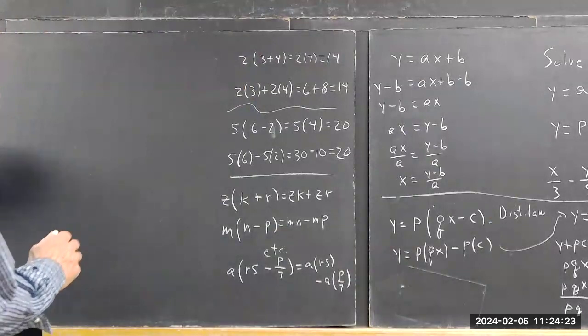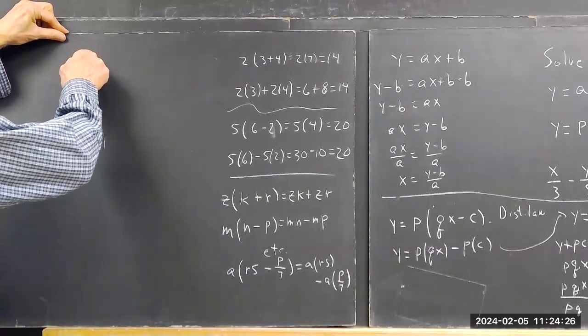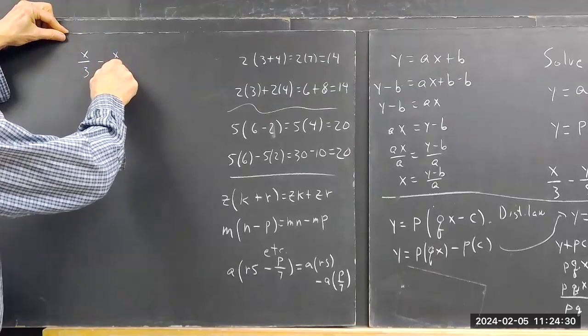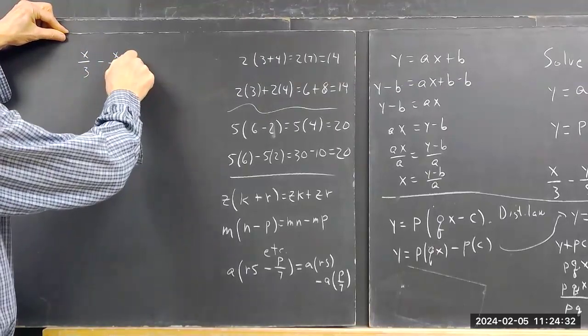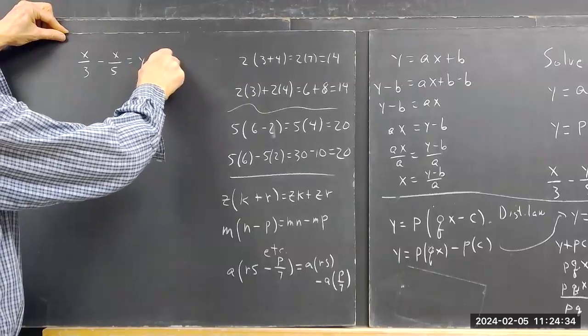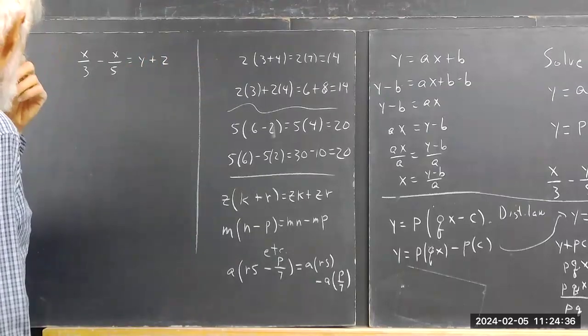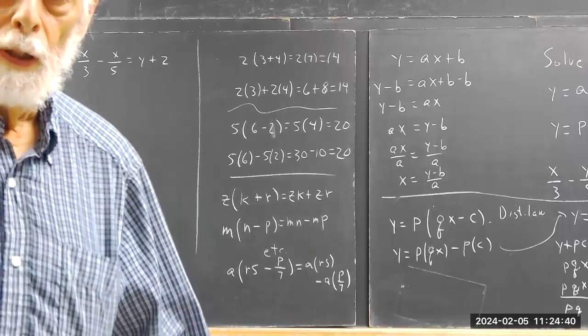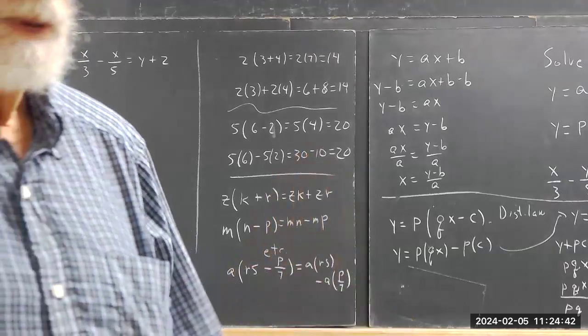So let's look at this one. We got denominators. Now, I don't know why I have such a hard time convincing people of what I've already said several times, which is that if you have denominators in an equation, you multiply by a common denominator.